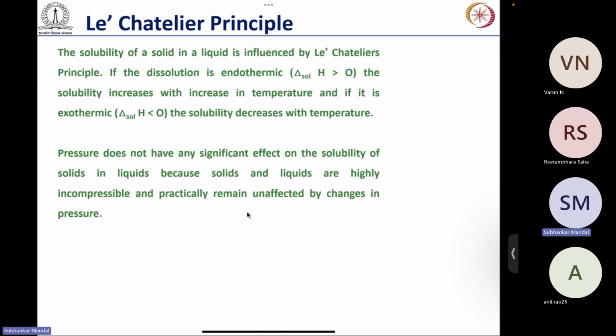What is Le Chatelier's principle? Basically, suppose you have some system which is in the equilibrium state. Now we apply an external force from the outside. So the system will respond in such a way that it can minimize that external force. Okay, so suppose you have water, and we are applying heat from the outside. So the water will respond in such a way that it can decrease the temperature.